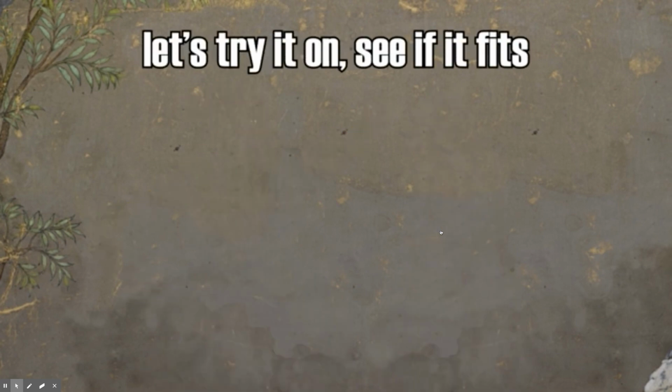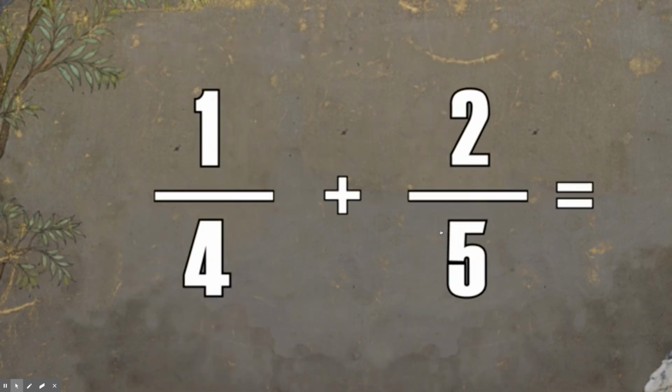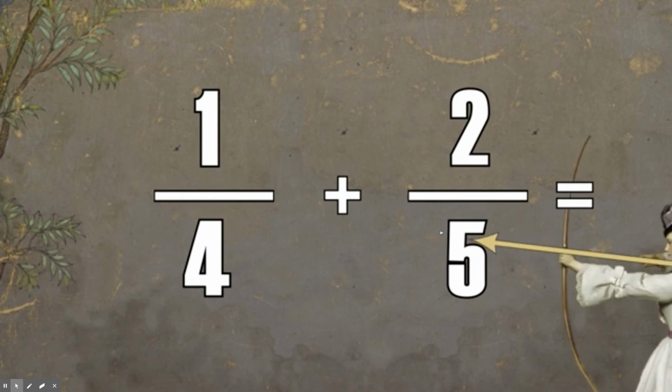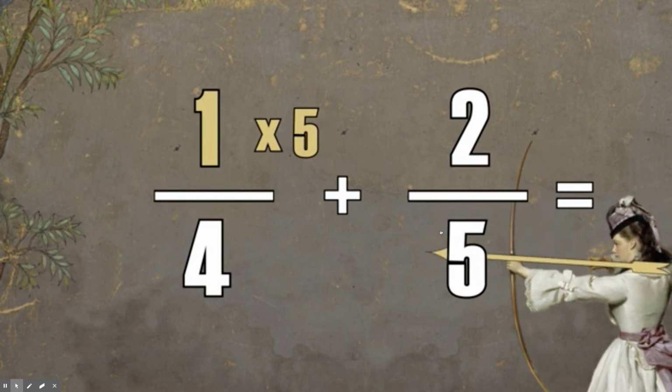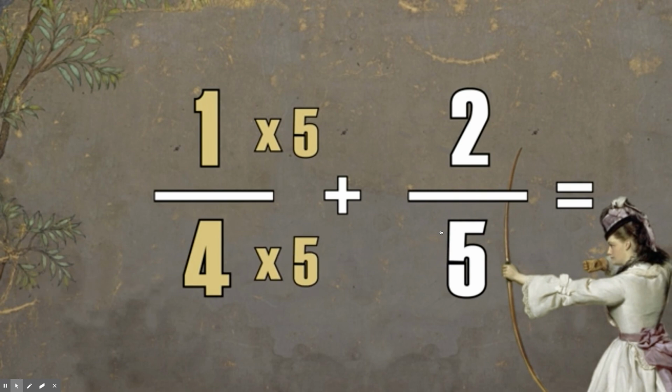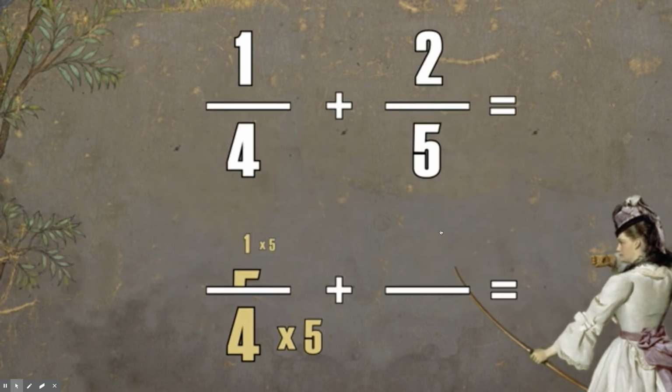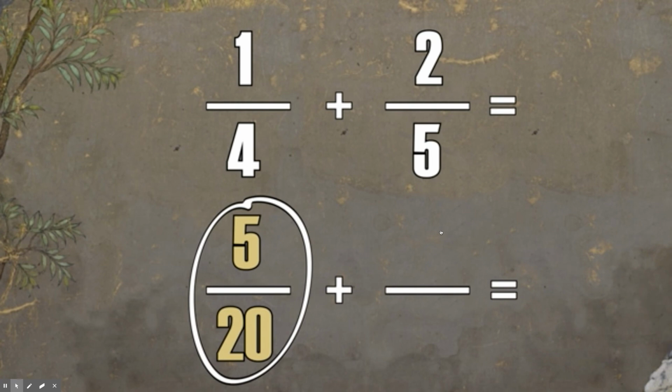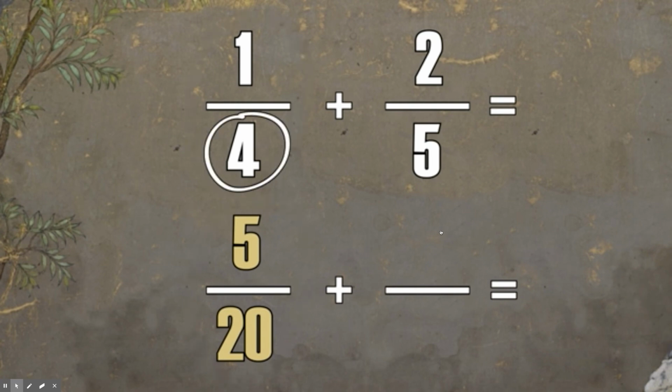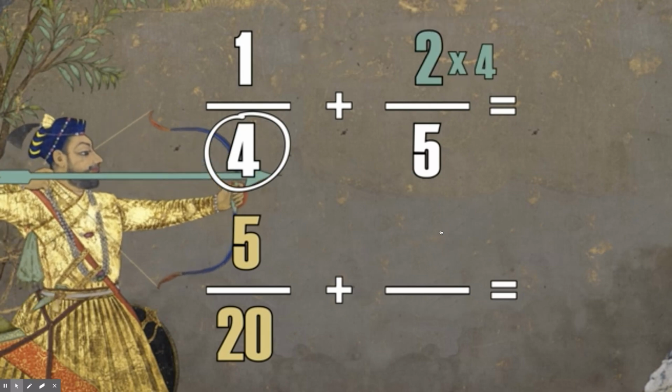Let's try it on, see if it fits. Let's add 1/4 and 2/5. First we take the 5 and multiply both the top and the bottom on the other side. We get 5 over 20, that's equal to 1/4. Then we take the 4 from before, multiply the other side.